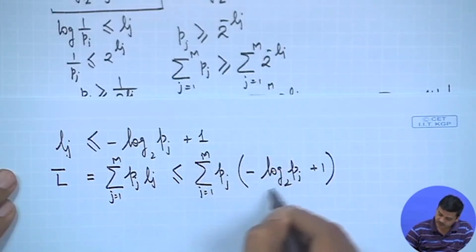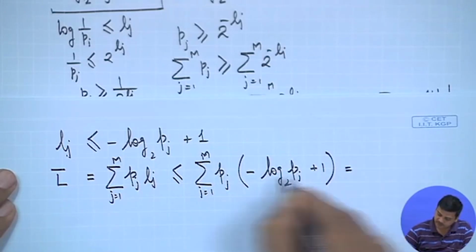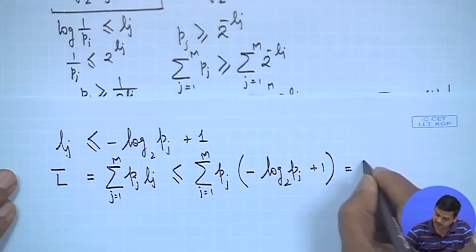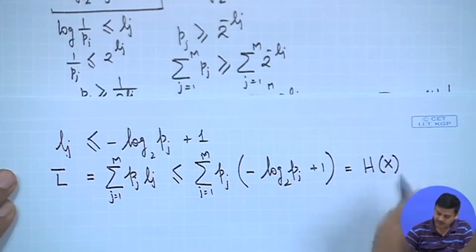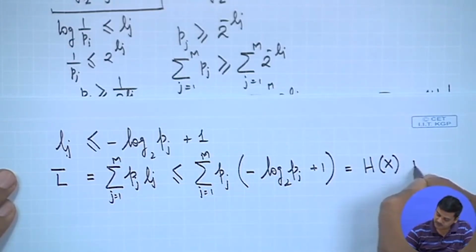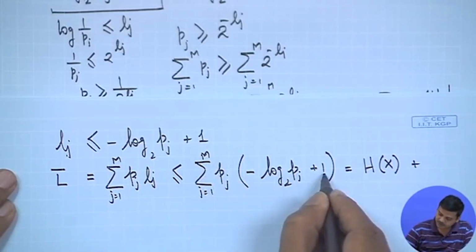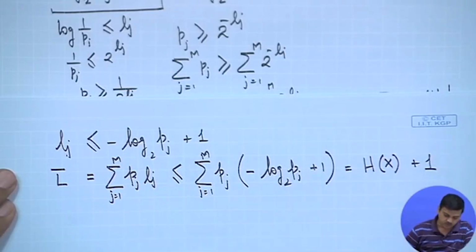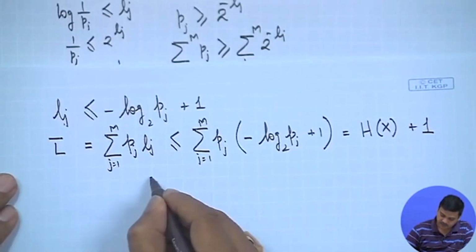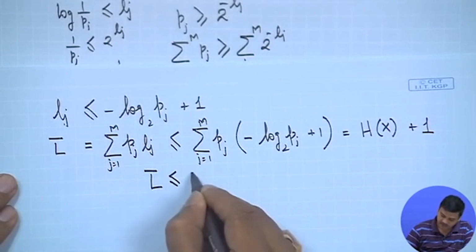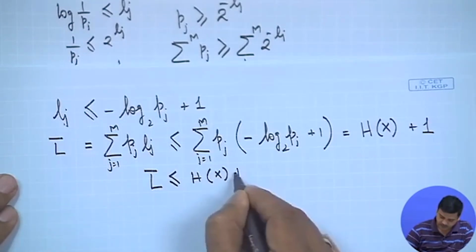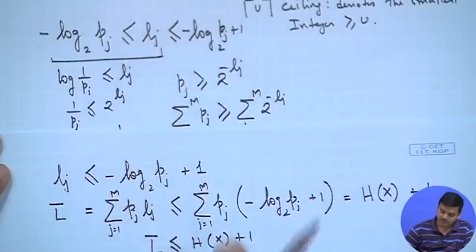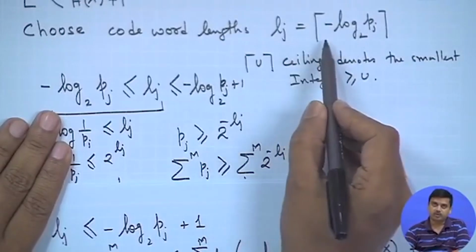So, if you take this particular summation, what you have is the sum over Pj log base 2 Pj with a minus sign, which is Hx, the entropy as per definition, plus the summation of Pj multiplied by 1, that is, the summation over Pj over the entire set, which is equal to 1. Hence, we can say that L bar is definitely less than or equal to Hx plus 1, simply by taking the right hand side of this, and that is because we have taken code word lengths of this form.